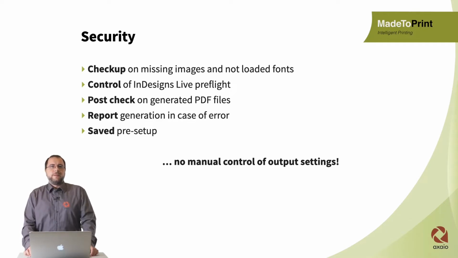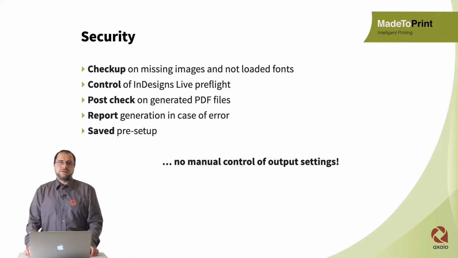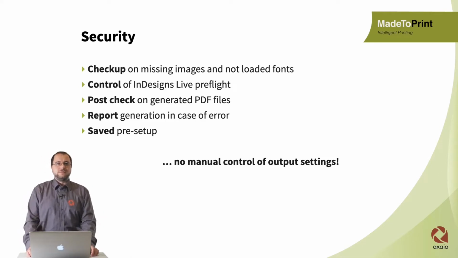And also if there's any error, then the MadeToPrint job can create an output report and you know what's going on with your output. And you can be sure that each PDF that comes out at the end will have a decent quality and always the same quality.